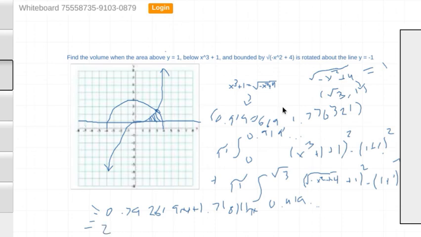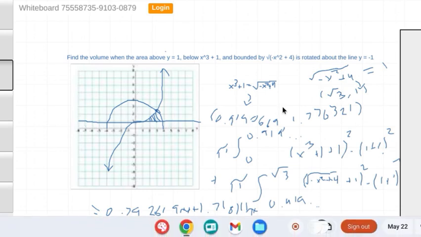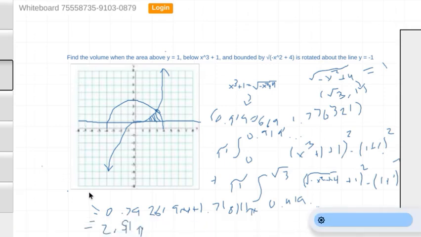Now simplifying this further, we just get 2.511 pi, or we get 7.858.